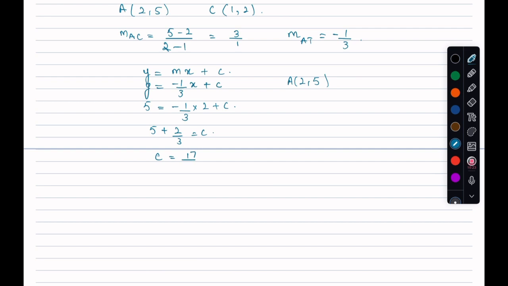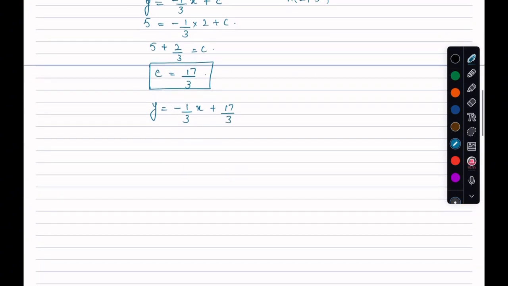The c value becomes 17 divided by 3, meaning this tangent has the equation y equals negative 1 by 3 x plus 17 by 3.